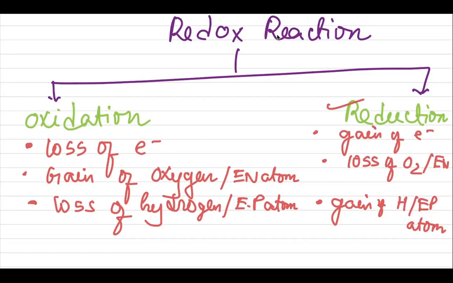Okay. Now, what we have learned in junior classes is the classical idea of redox reaction. So let's see what is the classical idea. We just revise it once, so it will be easy for us to understand that whole process.